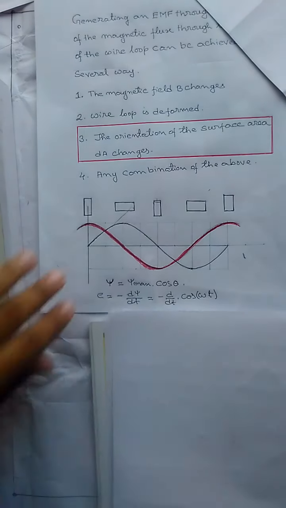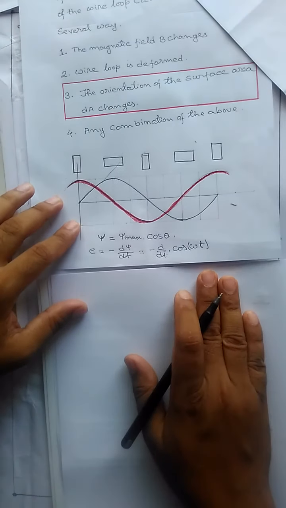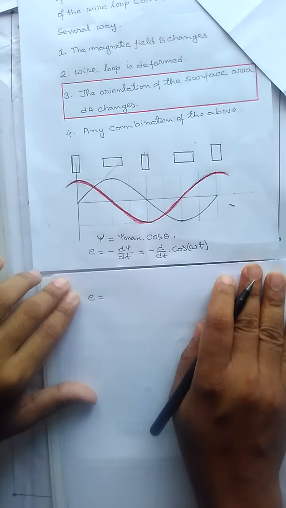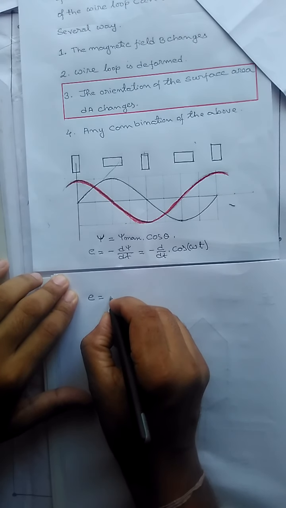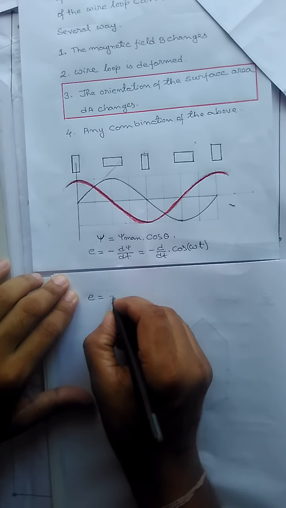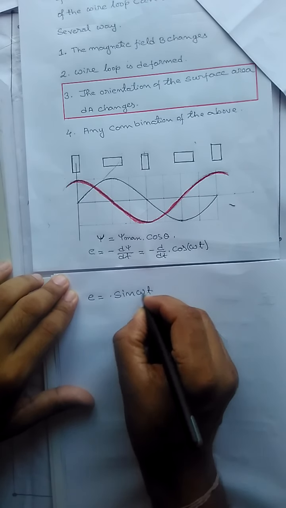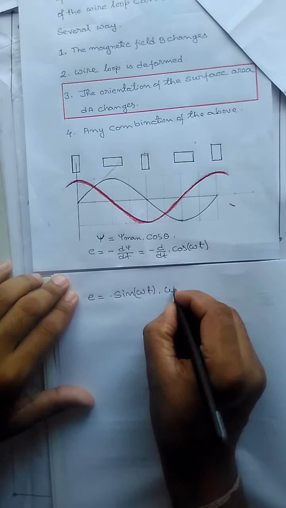The derivative of cos omega t is minus sine omega t into omega.